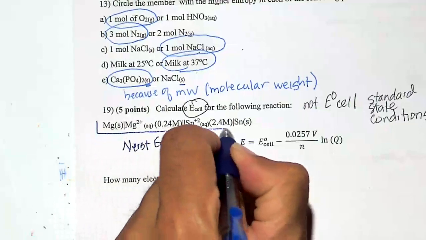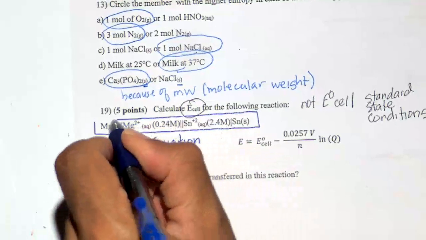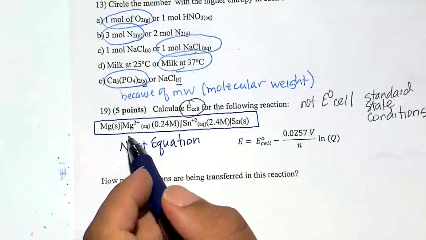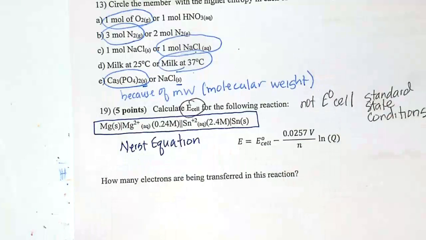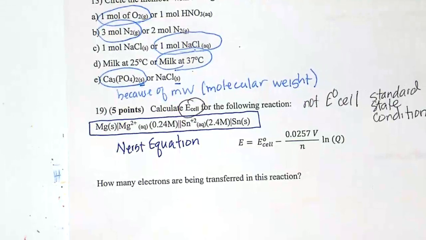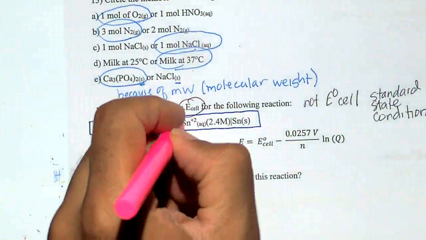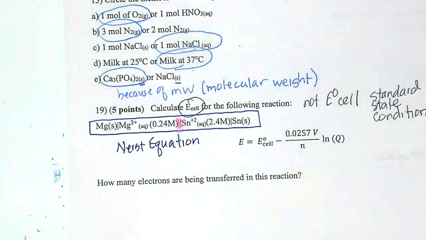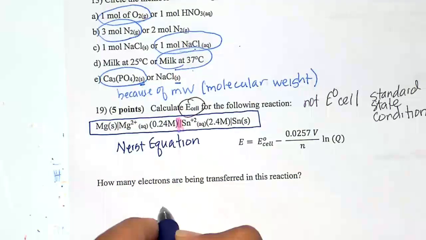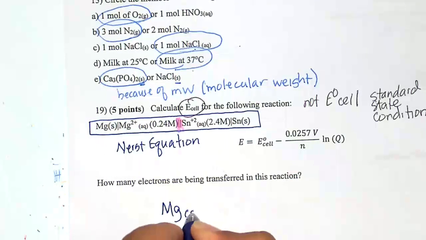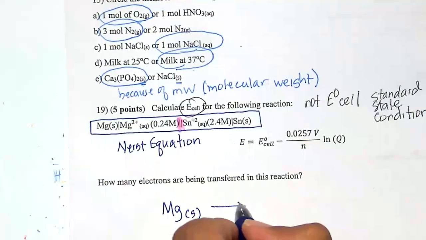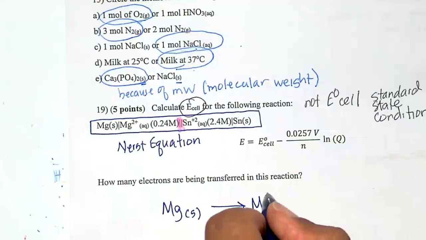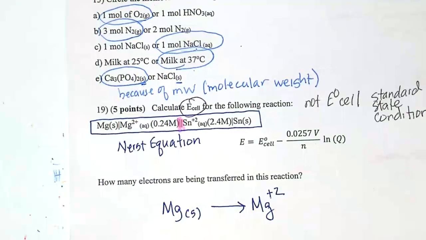All right, so let's go here. We have this galvanic cell notation. It's the anode couple. What are those 2 lines called? Salt bridge. And then Sn plus 2 goes to Sn solid. So we're going to break this down. The anode couple first. We'll do this in blue ink. We have magnesium solid going to Mg plus 2.